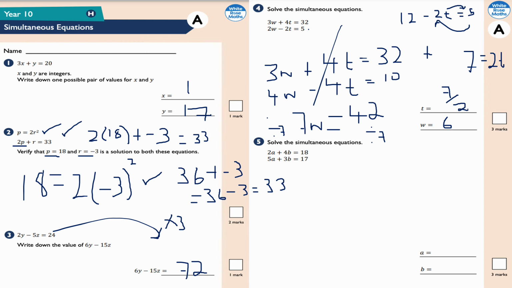This is question number 5, guys. Solve the simultaneous equations. 2a plus 4b equals 18. 5a plus 3b equals 17.